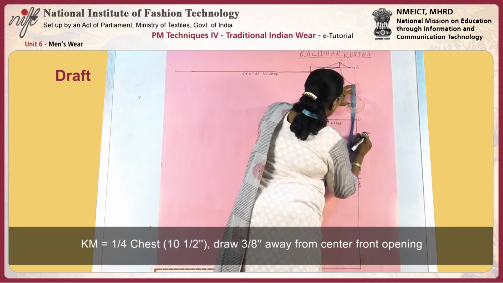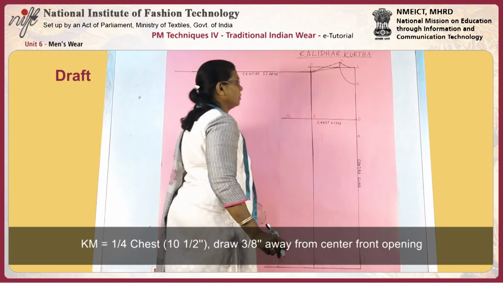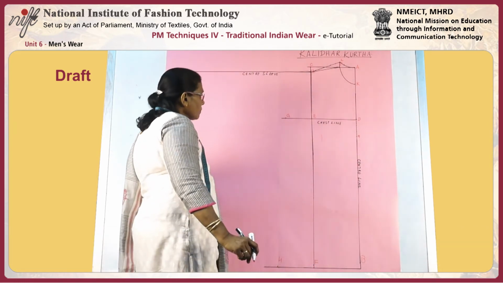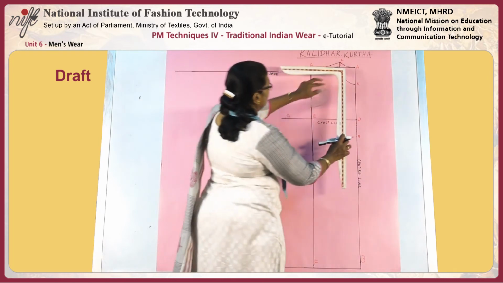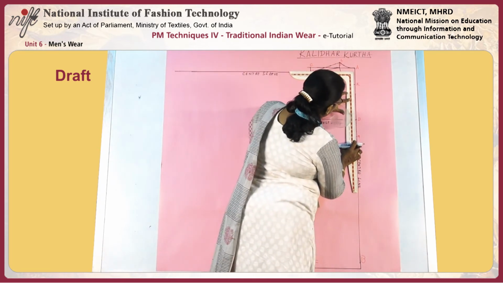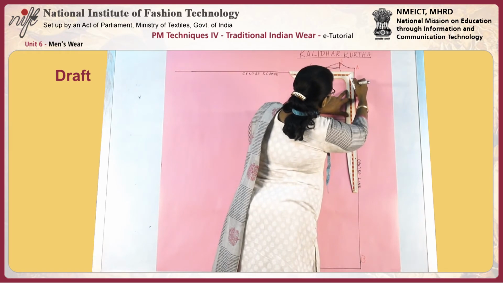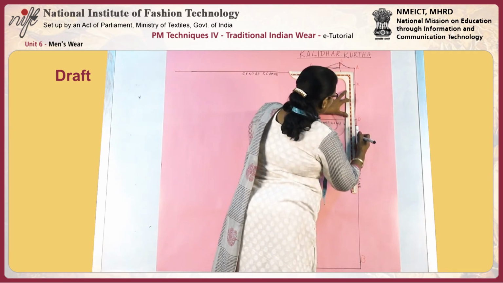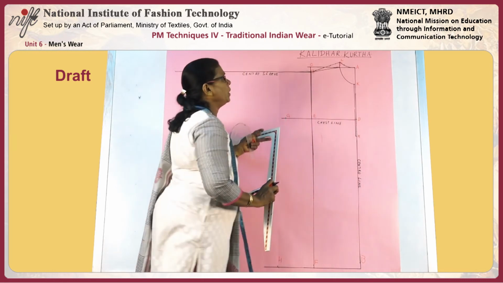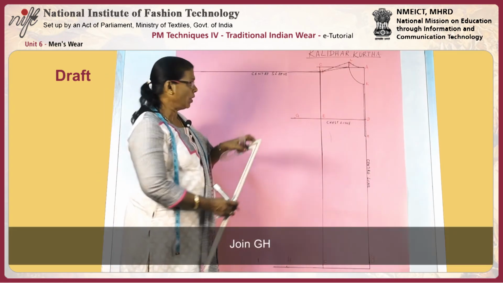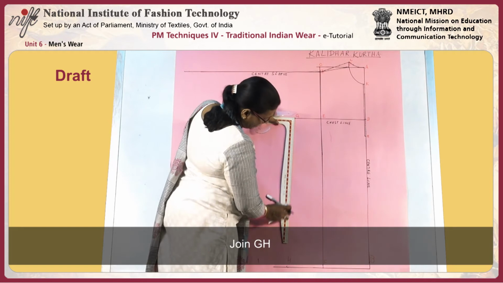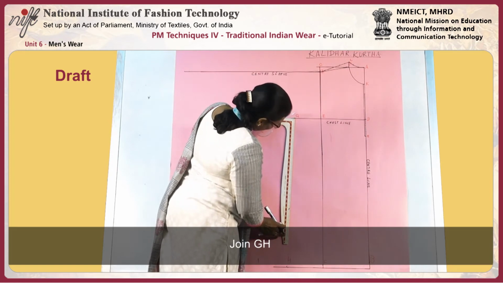This is for front opening. Draw line 3/8 of an inch away from the center line for the opening. Now join G and H.